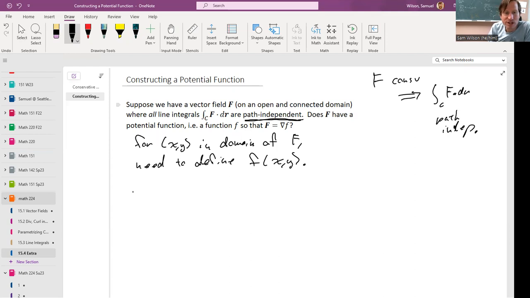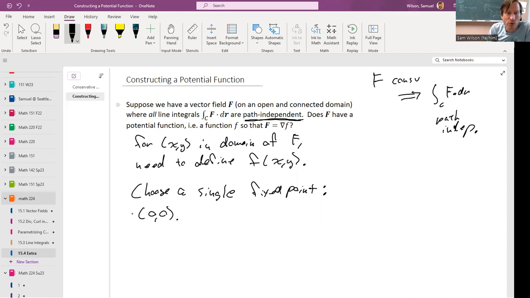So what we'll do is choose a single fixed point in the domain of capital F, and I'm going to write it as if it's the origin. It doesn't have to be the origin, especially not if the domain doesn't contain the origin. It could be any point, but it's just a point that we are picking once and never changing.